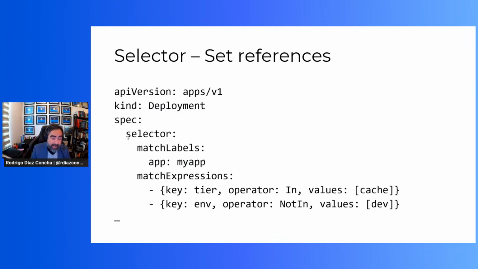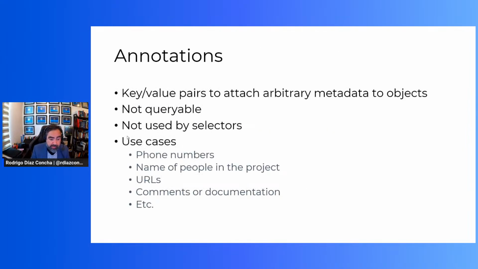So yeah, selectors, labels, and annotations, as I mentioned before, those are just key value pairs to add some additional metadata in your objects, right? They allow you to attach arbitrary metadata to objects, and the difference between annotations and labels is that annotations are not queryable. That's the difference.